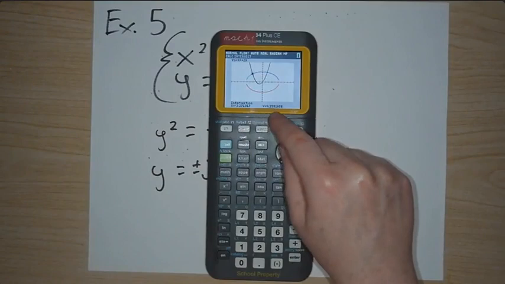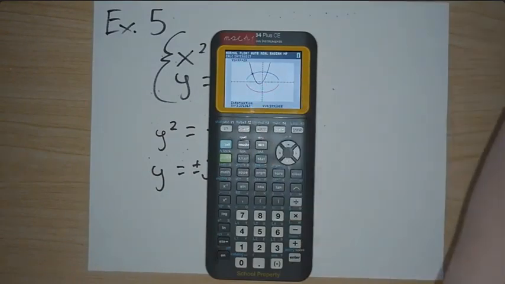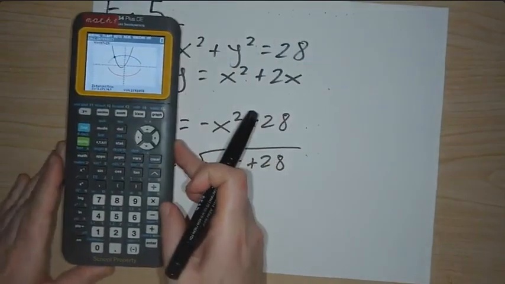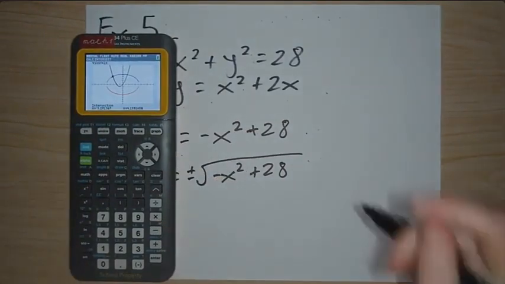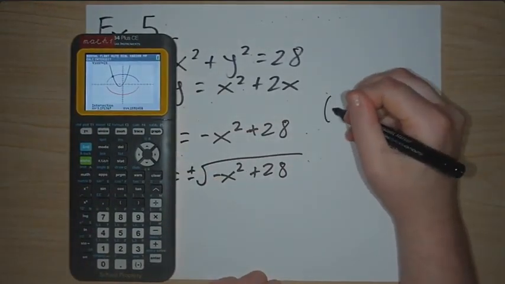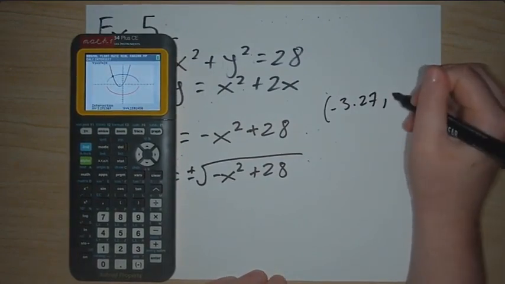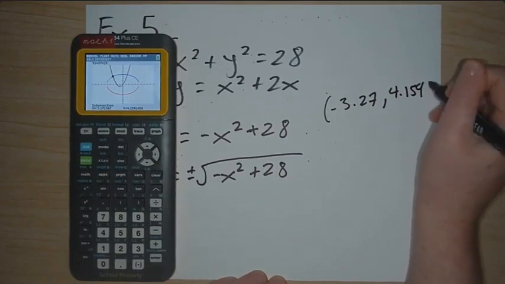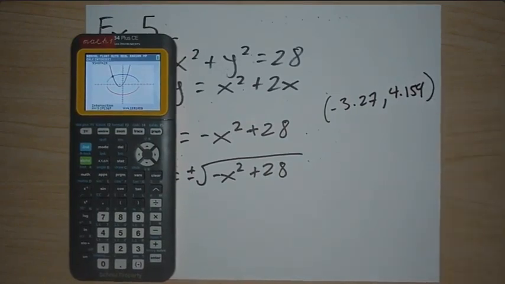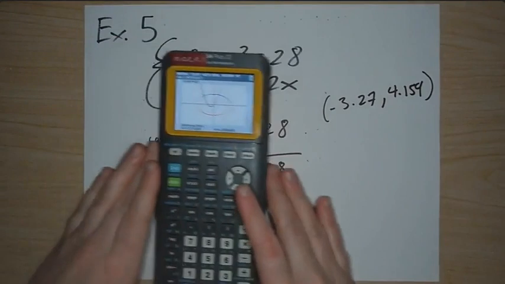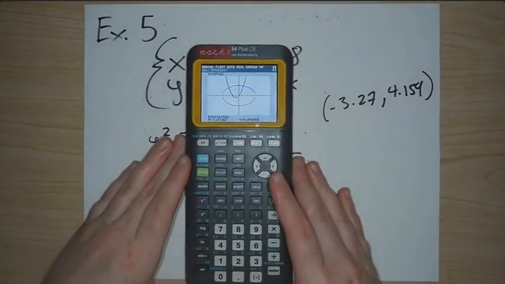It has provided us with the intersection point. So, writing it down, we have x at negative 3.27, about there, and y was 4.159. So that's one.